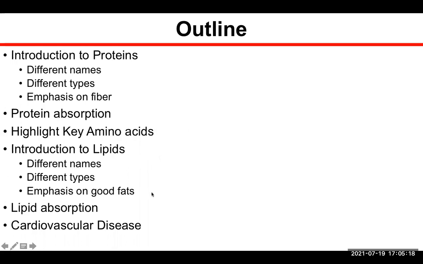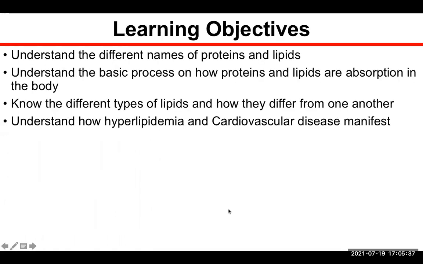And then I'm going to talk about lipids and the different kinds that exist. And I'm really going to emphasize the good kinds of fats that exist and explain to you why they're good. I'll talk about how these lipids are absorbed and how high amounts of lipids could lead to cardiovascular disease.